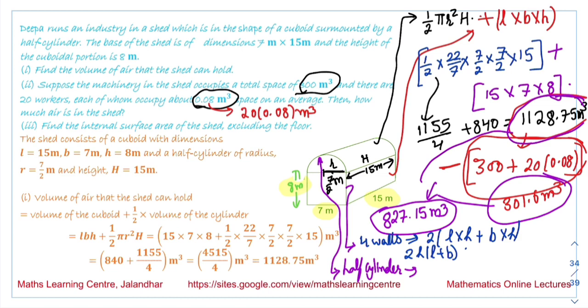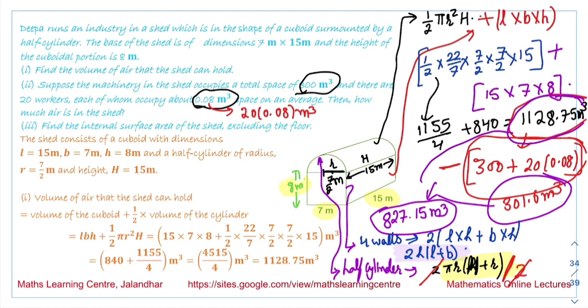The formula for the complete area of this cylinder is 2 pi r into h plus r, and since it is the half cylinder, we divide it by 2, so these 2 get cancelled. So the area of the 4 walls is 2 times h into L plus B, and the area of this half cylinder will be pi r into h plus r. If we are writing capital H, we must write capital H over here, it is h plus r.